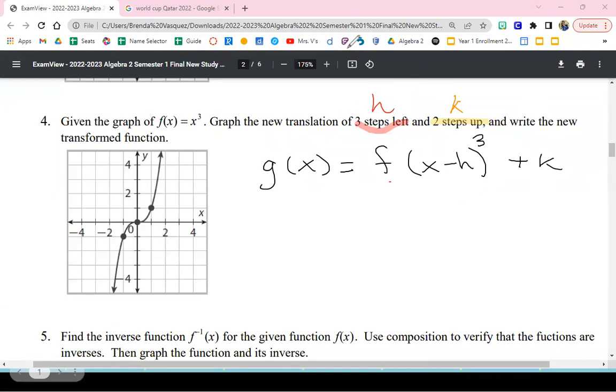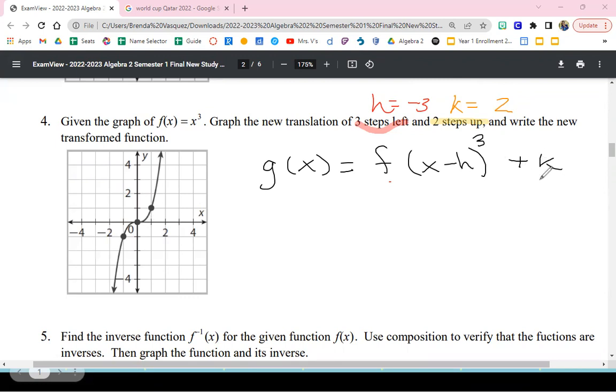So I'm going to go ahead and identify what they are right now. So H, we're moving it to the left. So therefore, it's what? It's going to be positive in the formula, but once we identify it here, it's going to be -3. Our beautiful K, it's 2 steps up, so it's positive, true.